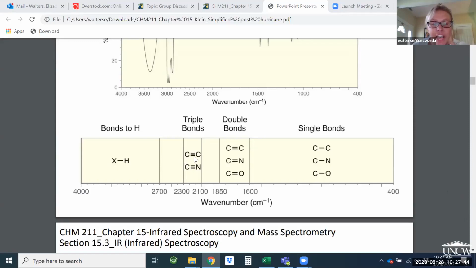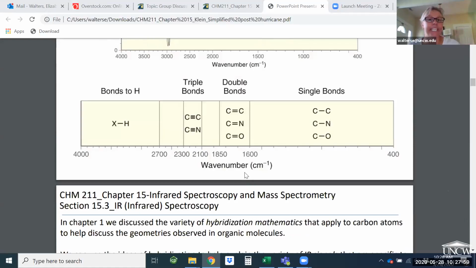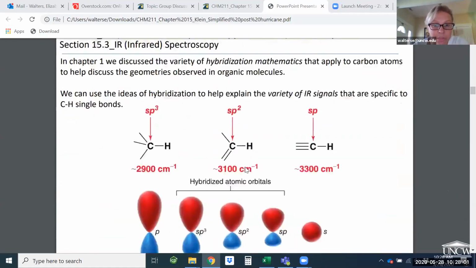And then an alkyne, an alkene, this carbon to nitrogen double bond, and then this carbon to oxygen double bond, like I said, is in ketones, aldehydes, esters. So it's really just putting the pieces together to build the functional group.